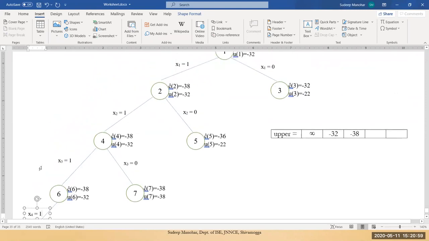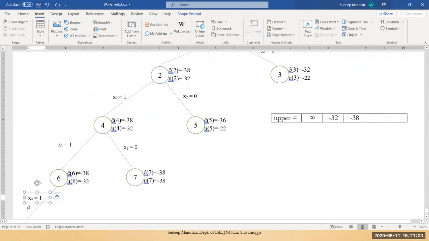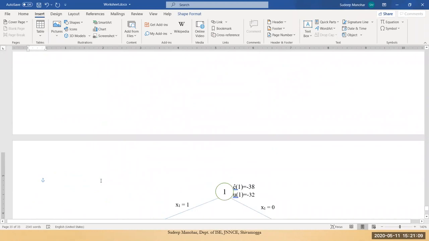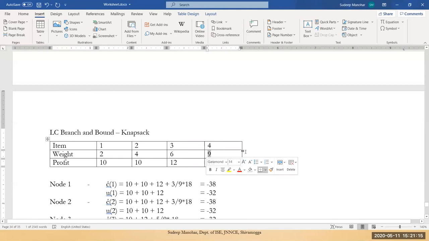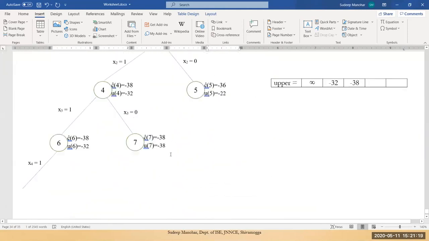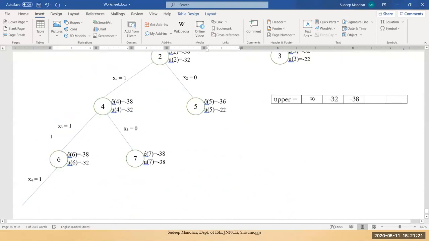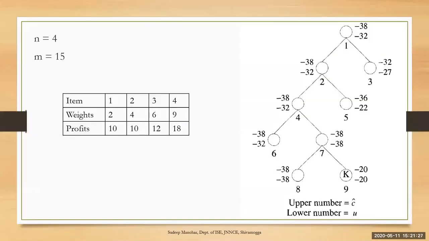Now see here in this branch, x1, x2, x3 and x4. Even if you are considering x4 as a full because it is 1, whether it is possible. If you look at this, the fourth item cannot be considered as a full because it exceeds the capacity of the knapsack. Therefore, it is not a feasible solution. Therefore, we can stop that branch there itself, telling that it is infeasible.